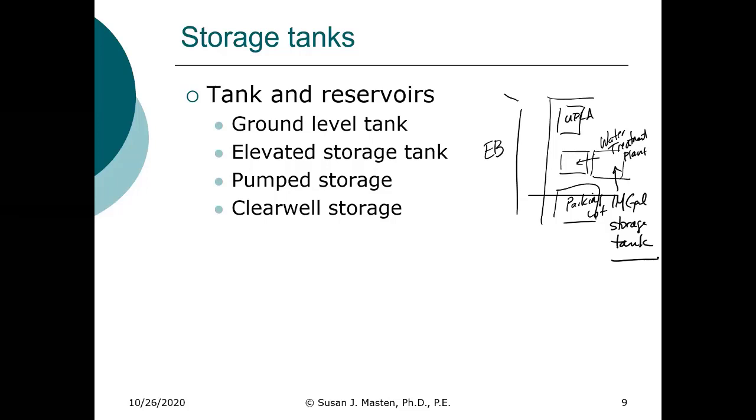And the last thing we talk about is clear well storage. There we've gone from filtration. Typically we have at the plant some sort of storage. This is often below ground.